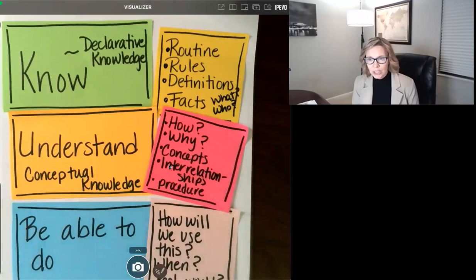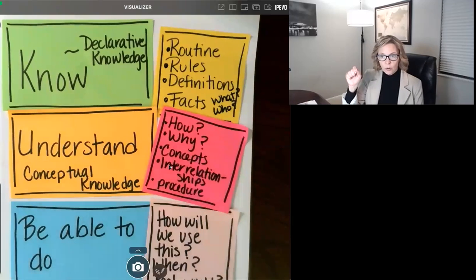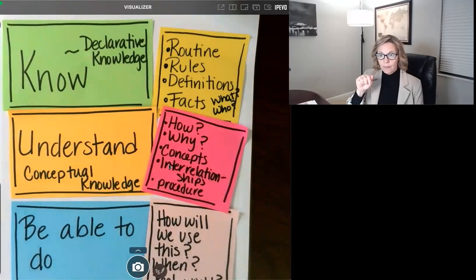When I had to teach second grade, I had no understanding of the meaning, no conceptual knowledge of the concept. All I knew was, well, the number on the bottom is bigger than the number on the top in the ones column. And so I'm just going to borrow and regroup from over here.